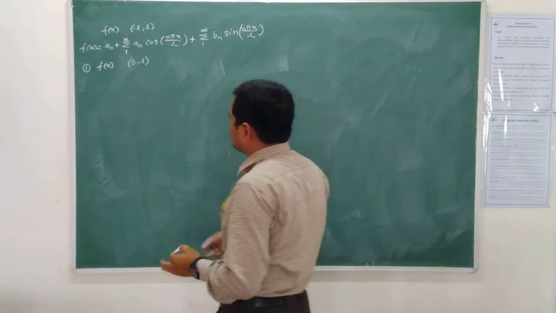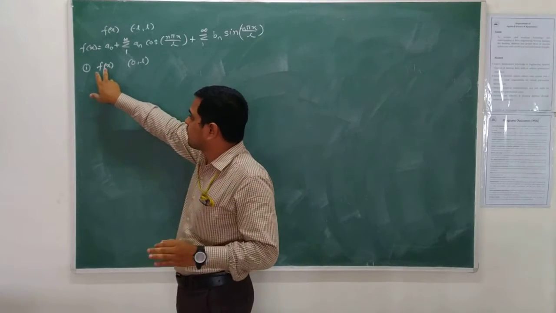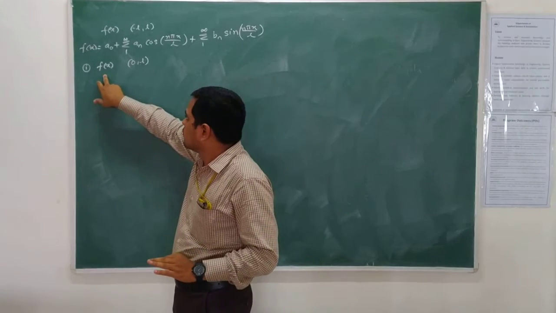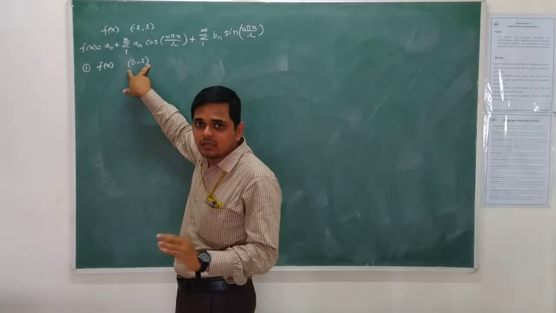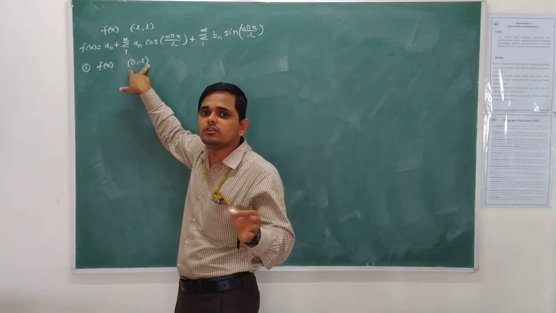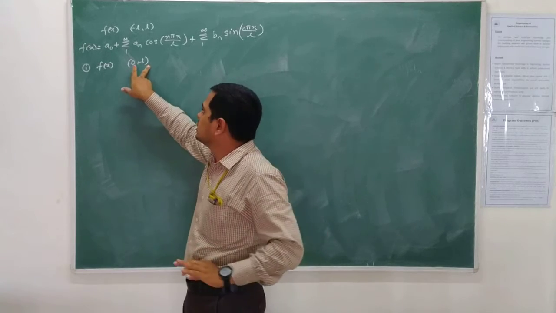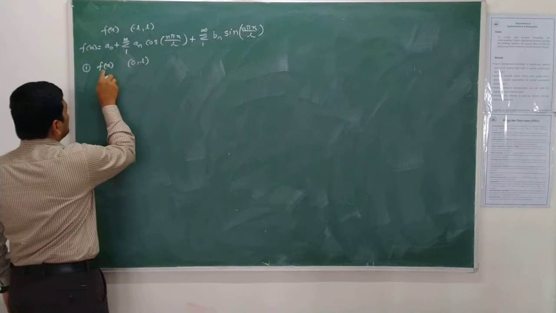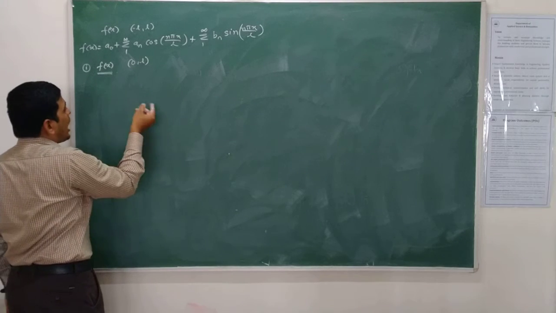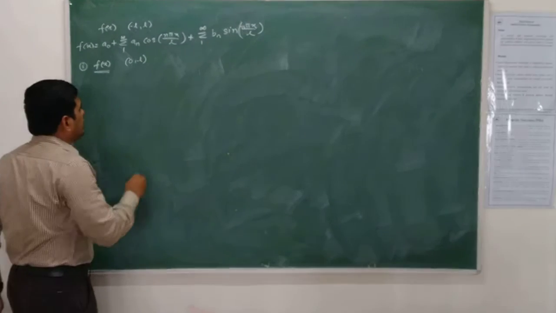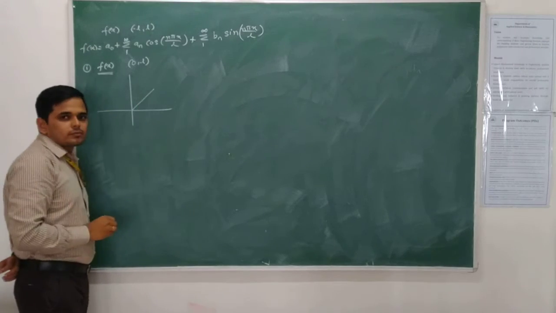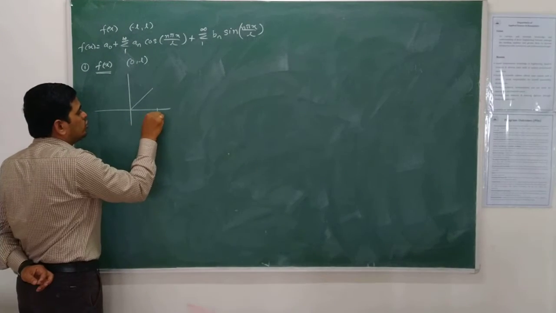Now, to find an expansion of this function using the Fourier series concept, we require the full range, that is, the length of the range is equal to the period of the function. So to achieve that, we take the reflection of f of x about the y-axis, and we get an even function. For example, my function is this, from 0 to l.